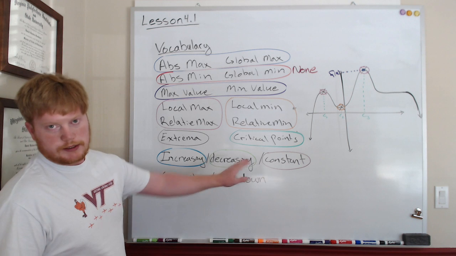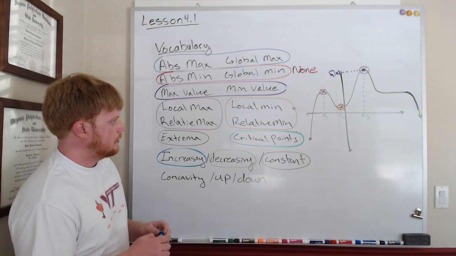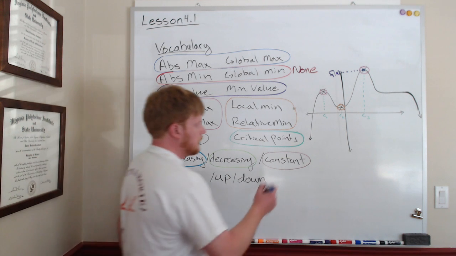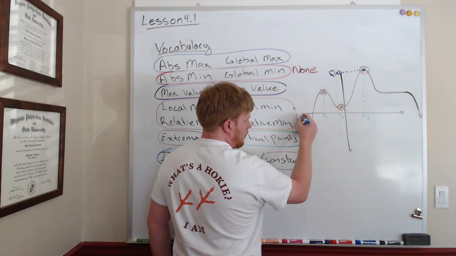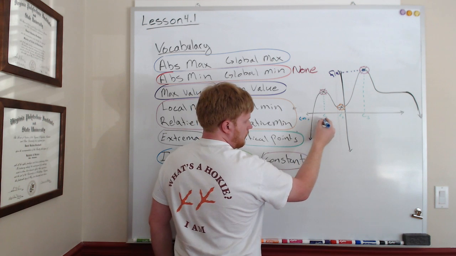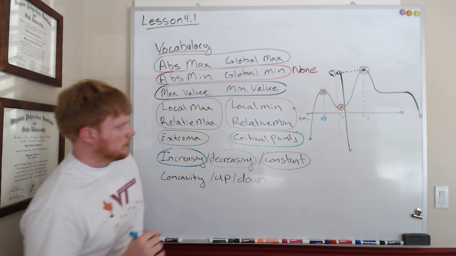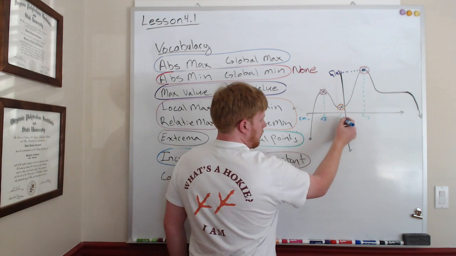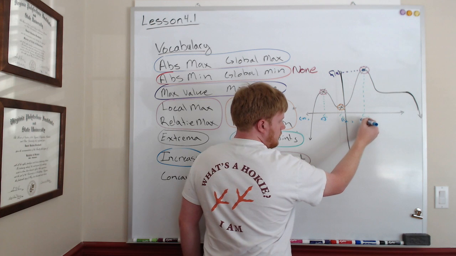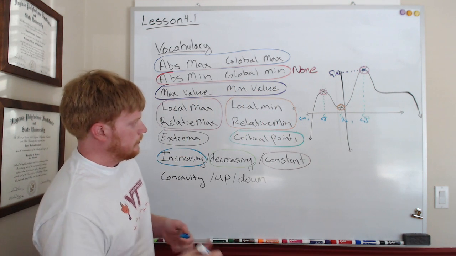Intervals of increasing, decreasing, and intervals of constant change. So increasing would be any interval. So in this case, from negative infinity to C1 is an increasing interval. From C2 to C3 is an increasing interval.